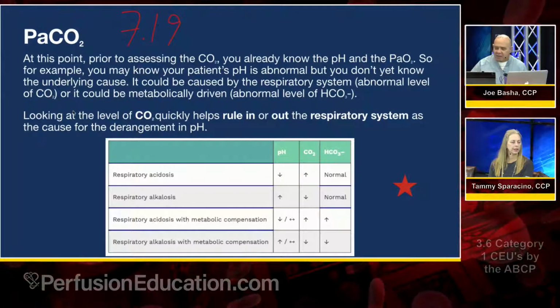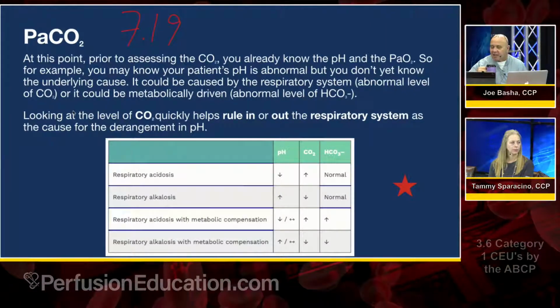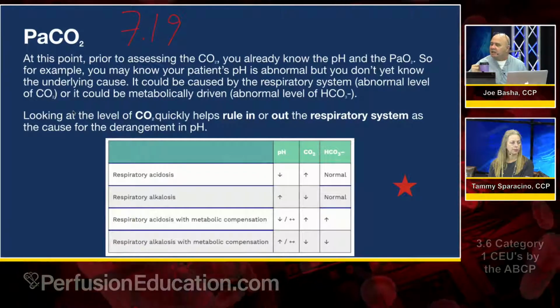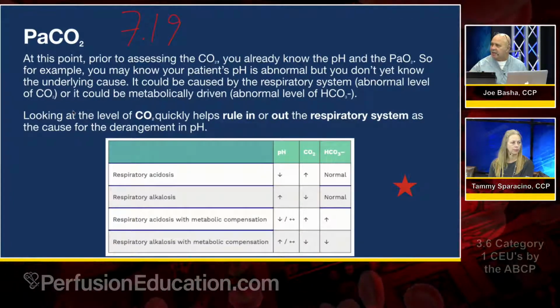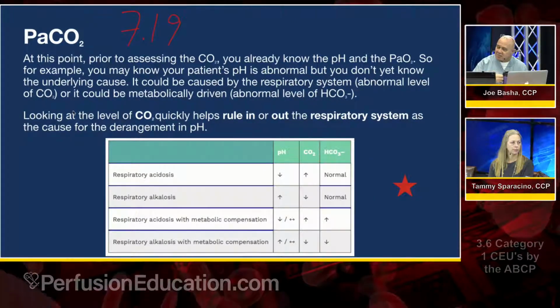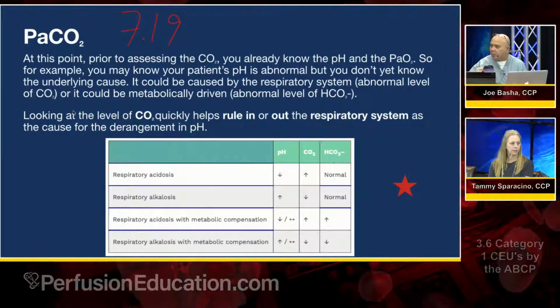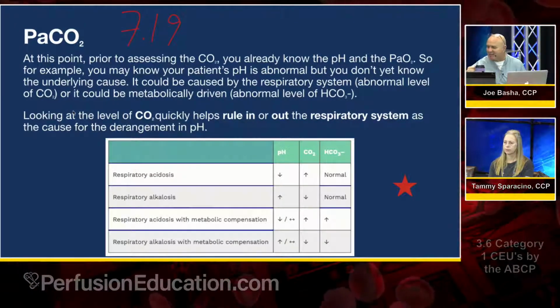Right? You need some more clues. Actually, you really only need one other piece of information to know whether it is respiratory or metabolic. You only need one. CO2. That's it. PaCO2. That's why I put it on this slide. That's why I put that star there.